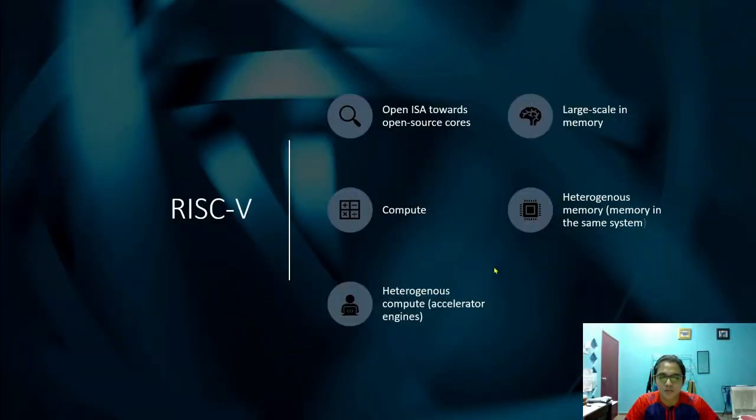For the current trend of computer architecture for sustainable development, we can look at RISC-V, also known as the open instruction set architecture, and a trend towards open source courses. RISC-V will enable a new set of architecture opportunities, including options for large scale in-memory compute, for heterogeneous memory, using different types of memory in the same system, and for heterogeneous compute, which is combining general purpose and accelerator compute engines.